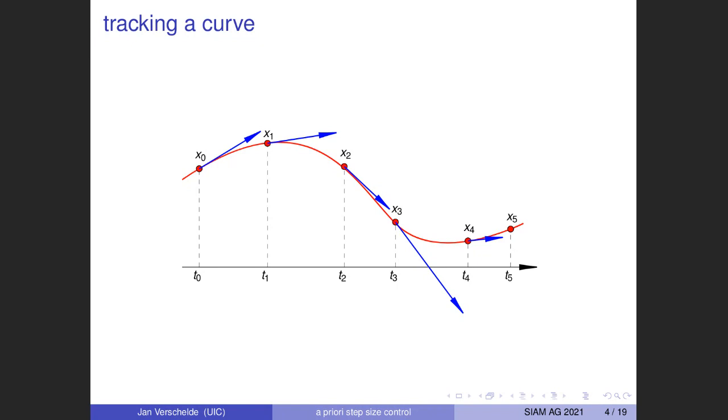Sometimes it goes very well, so going from x0 to x1, it went well. We enlarged the step size a little bit, but then we got farther away from x2, but when we went from x2 to x3, it all went very smoothly, and then we enlarged the step size again.